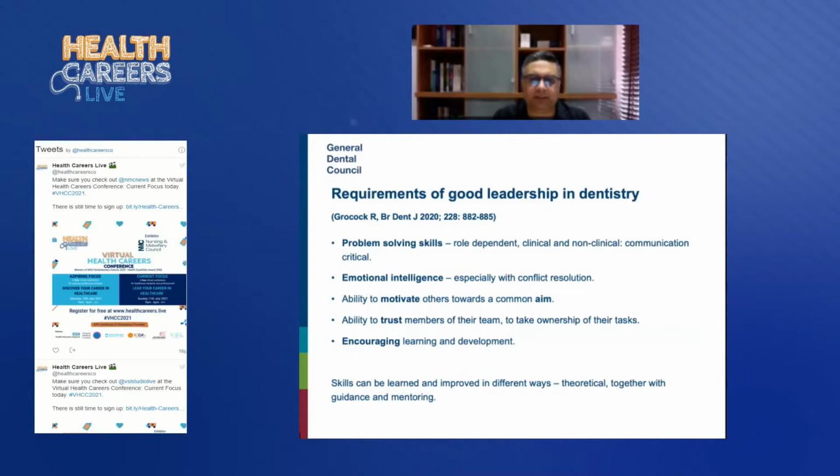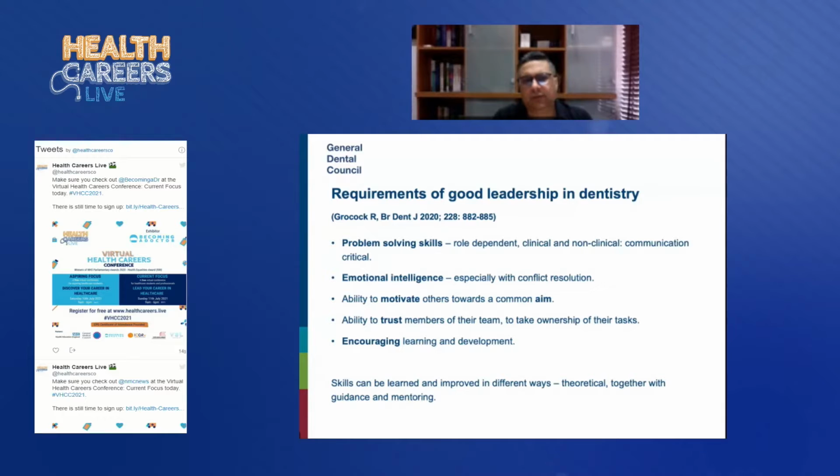in an effective way. Another requirement is the ability to motivate your team towards a common aim, and that's very important, to ensure that you're all heading in the right direction. At times energy can flag, and it's just having that skill to keep the momentum going.